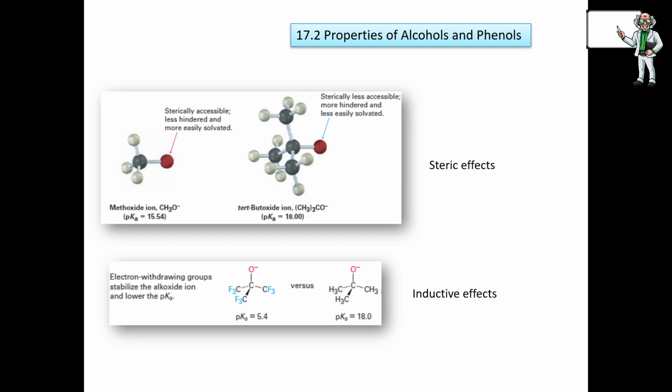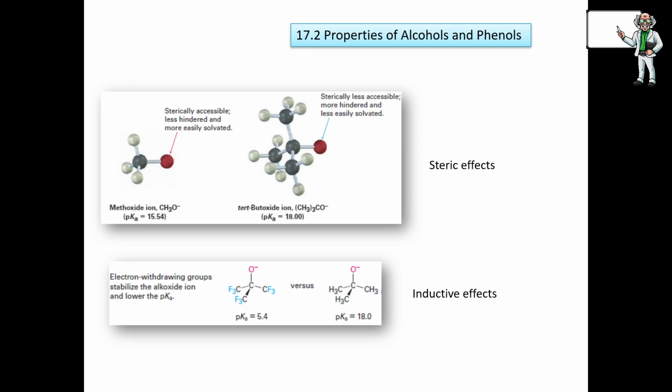Here you have methanol, the pKa is around 16, while in tert-butyl alcohol, the pKa is around 18. That means the more hindered, the less acidic. Okay? But if you check the two pKa, the difference is not so big.